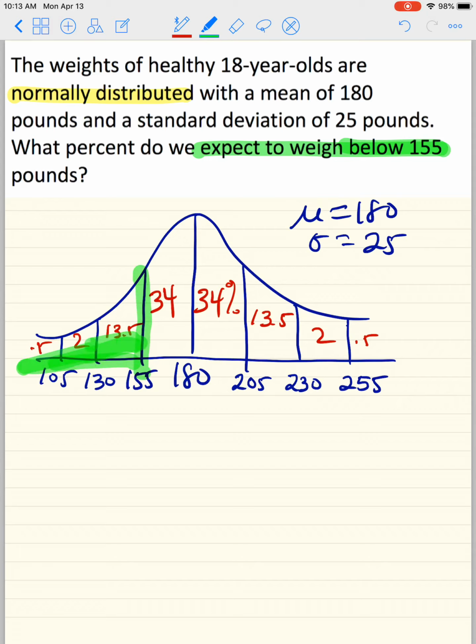So if you add this up, you get 16%. Now that's a 0.5 there. You can also say this part is 50%, so take away the 34%, you get 16%.